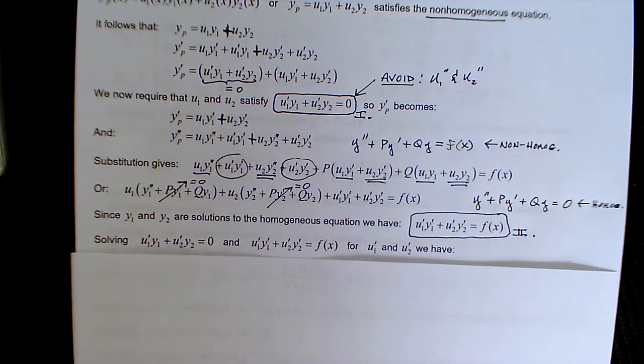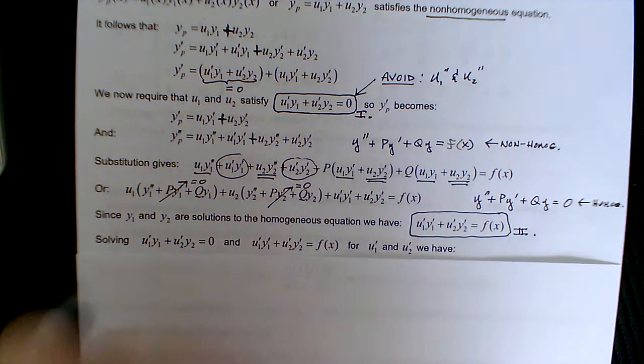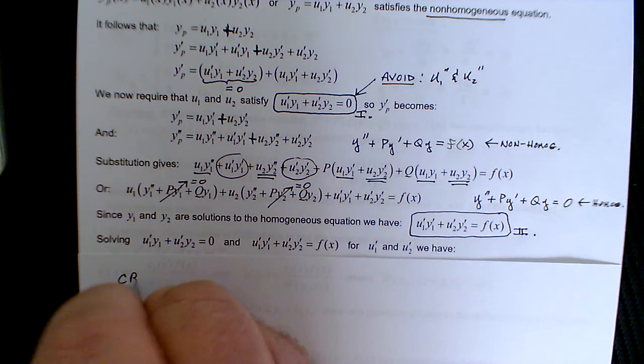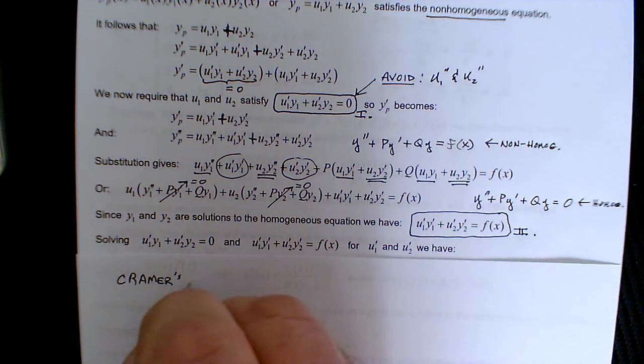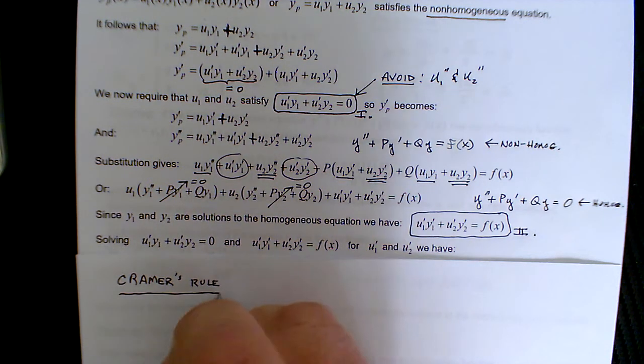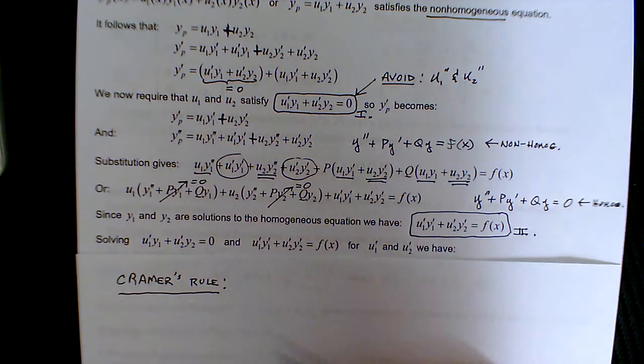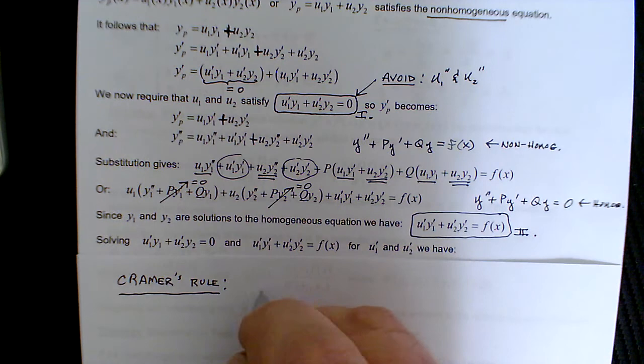I didn't show it literally, but let me show you quickly how, using Cramer's rule, I'm grabbing another sheet of paper here. Again, you're not responsible for this, but it's really cool if you understand the procedure.